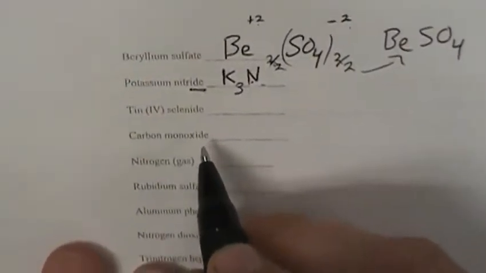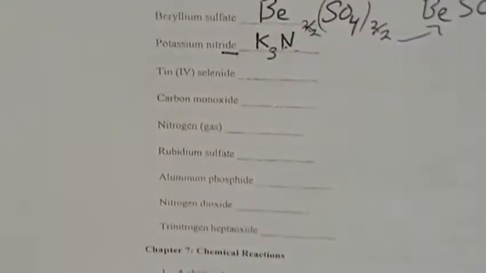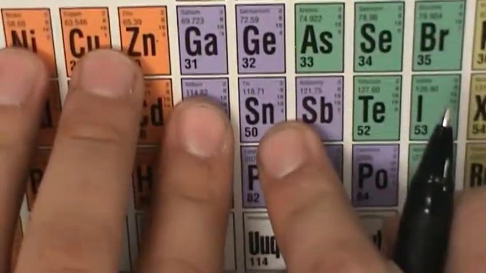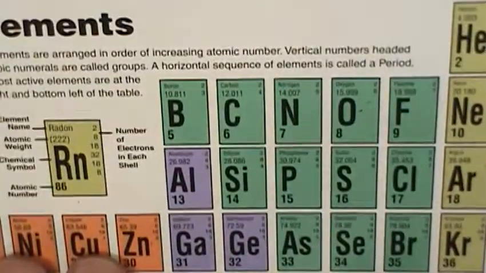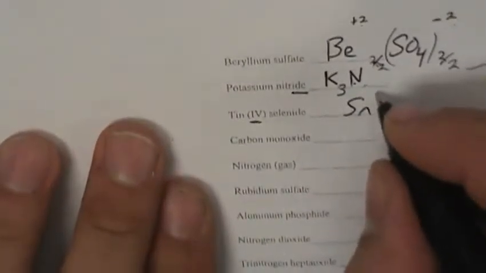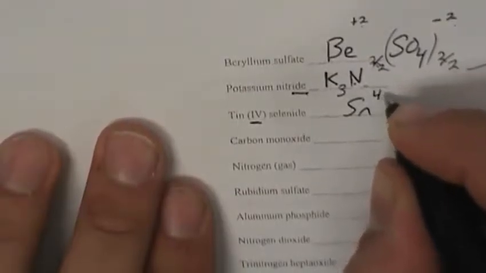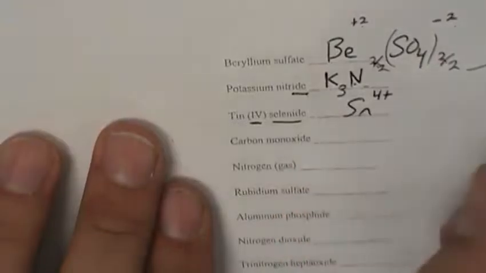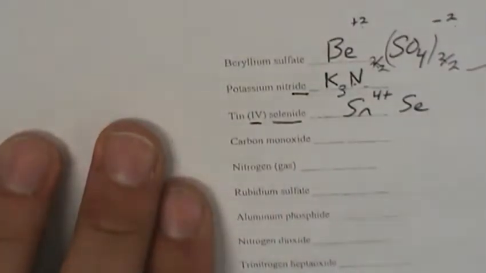Tin 4 selenide. Now we have a Roman numeral, so this one gets some special treatment. We look up tin on the periodic table, and it's got a symbol that doesn't really match its name, Sn, over here in the carbon family. So we write Sn. This 4 tells us the oxidation, so we don't need to look at the periodic table for that. We just put a +4 up here. And then selenide or selenium, Se.